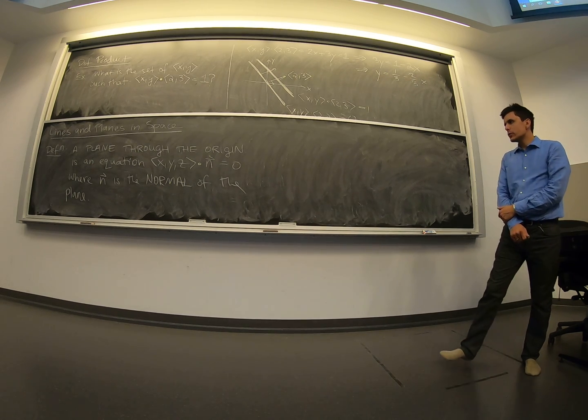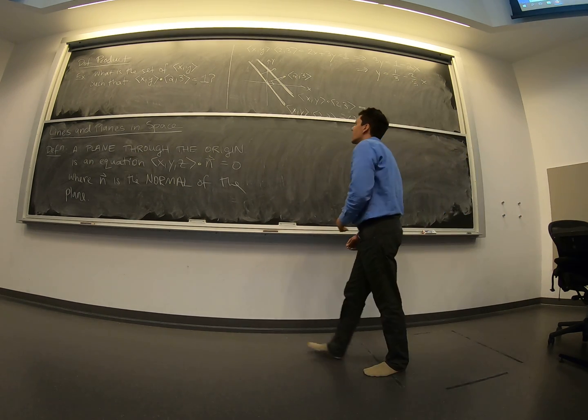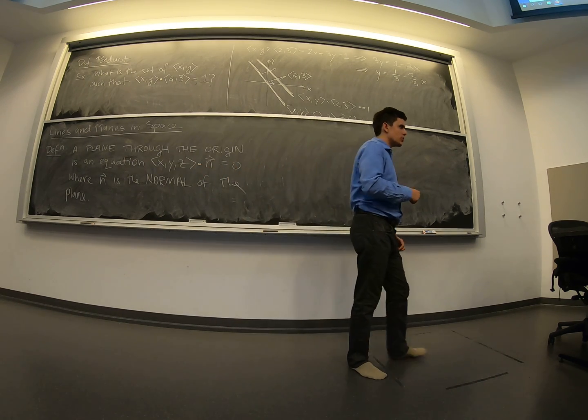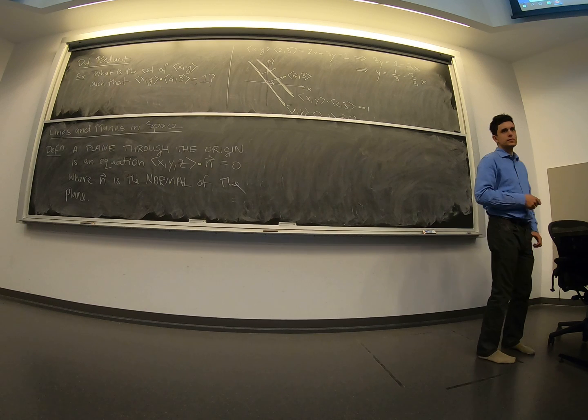So a plane through the origin is an equation of things that dot to 0 against something called the normal vector.